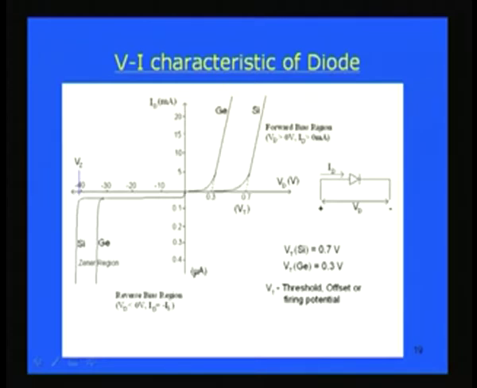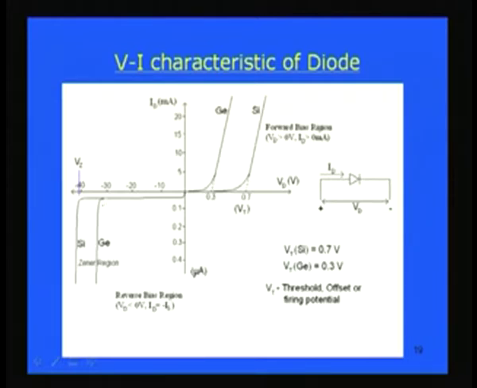Unless you increase the temperature, this current is not going to increase. But if you go on increasing the reverse bias, a point will come when, at a very high voltage, there will be a sudden rise in current. That point is known as the breakdown voltage, or the Zener voltage.